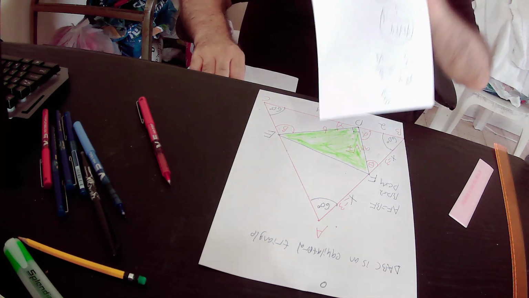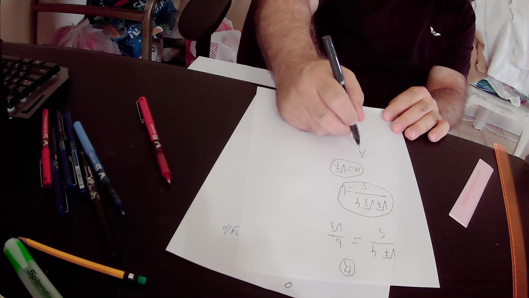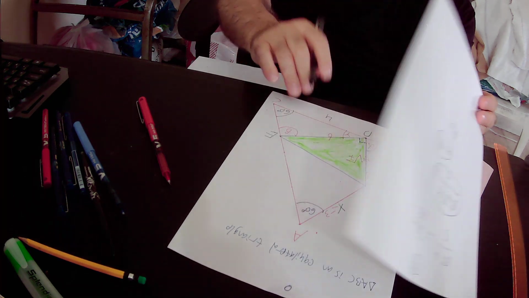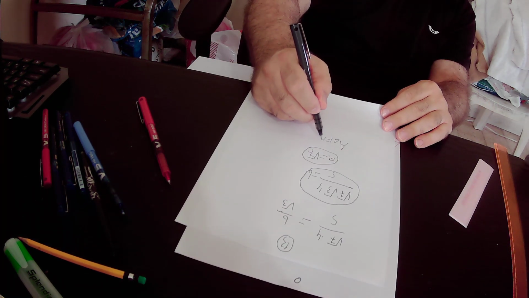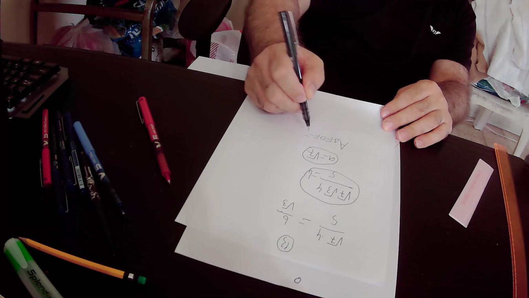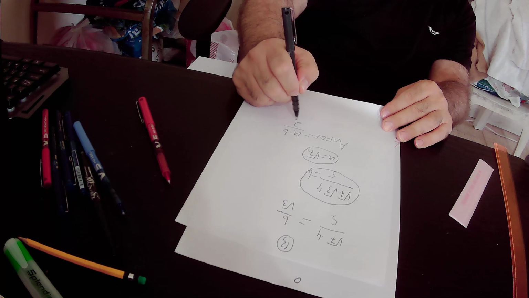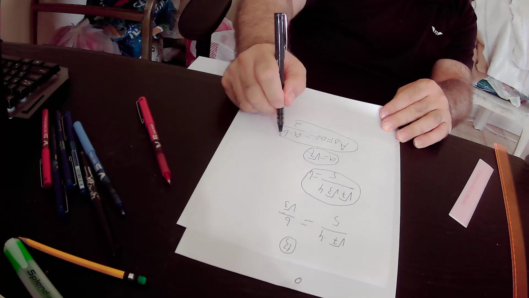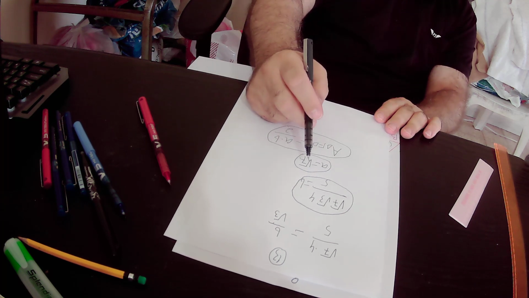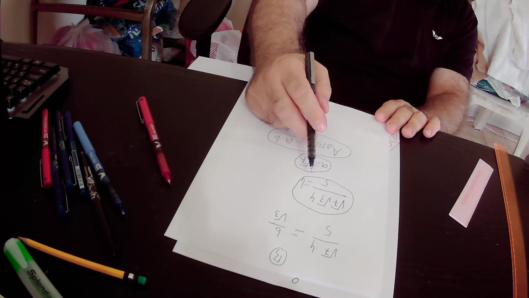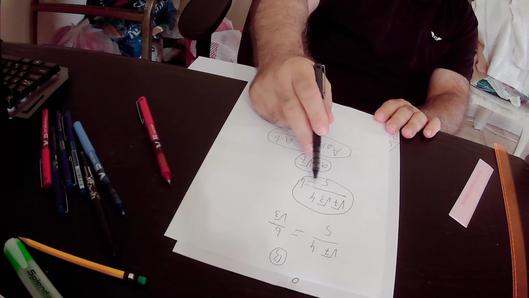So I write it down that the area of the green triangle FDE equals a times b over 2. Okay, and we know the value of a equals root 7, b equals this expression.